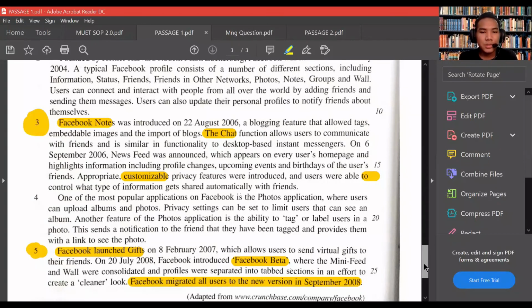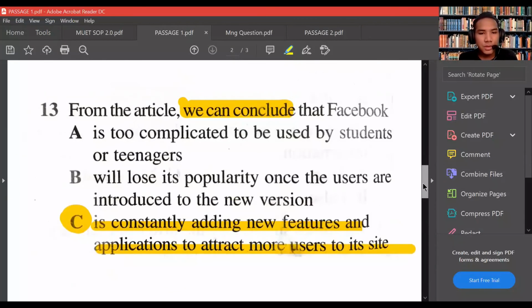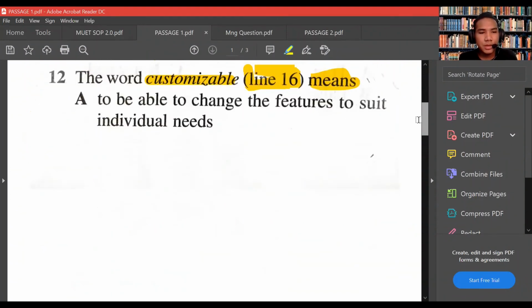If we read through the sentence here, "appropriate customizable privacy features were introduced and users were able to control what type of information gets shared automatically with friends." In the question, the first answer is A, to be able to change the features to suit individual needs.